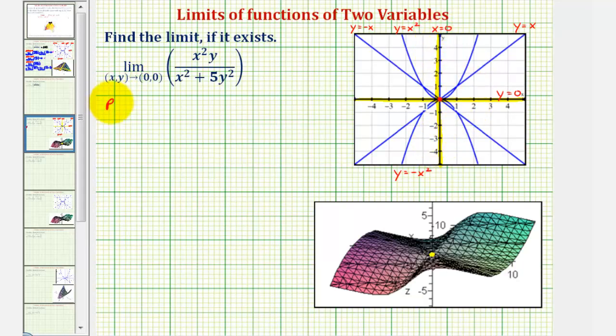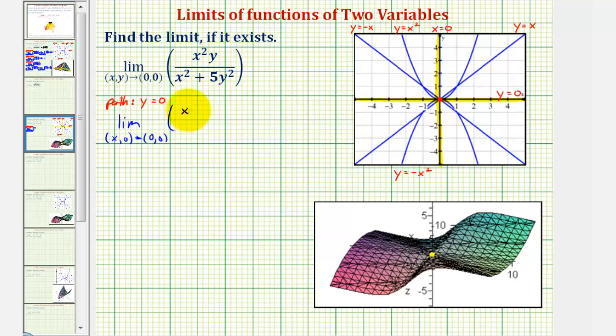So for the path along the x-axis or y equals 0, we'll substitute 0 for y into our limit. So we'd have the limit of x comma 0 approaches 0 comma 0. And now we'll substitute 0 for y in our function.